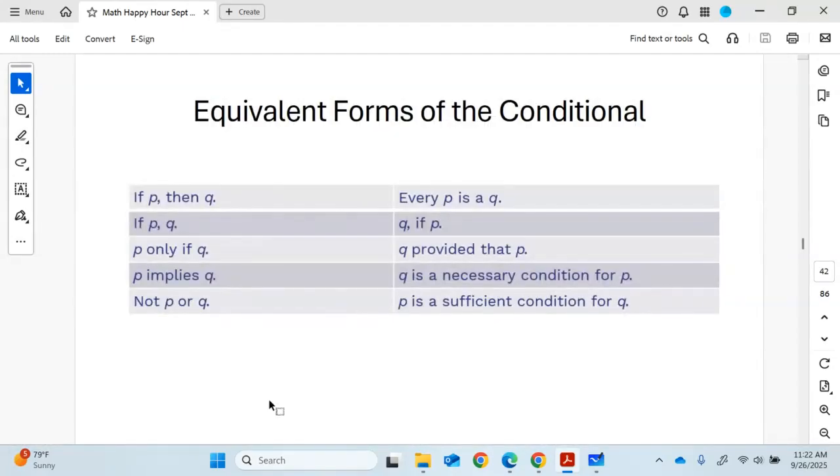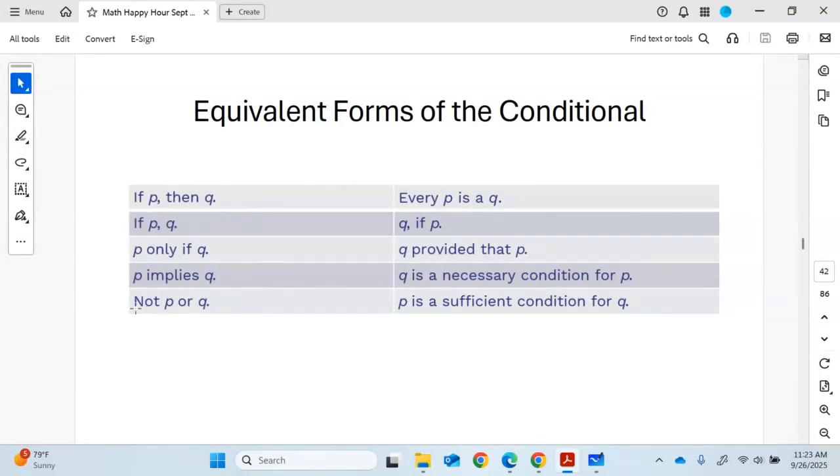Other ways of writing conditional statements: something very common is that the preposition then is not needed. So you could write down if this happened, comma, and then just state your conclusion. You could also write P happens only if Q happens. P implies Q, I mentioned that before.